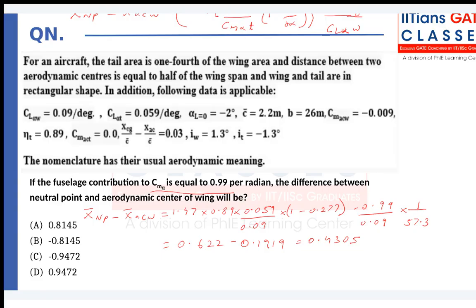So x NP minus x AC wing is 0.4305 into C bar. C bar is 2.2. So 0.947.